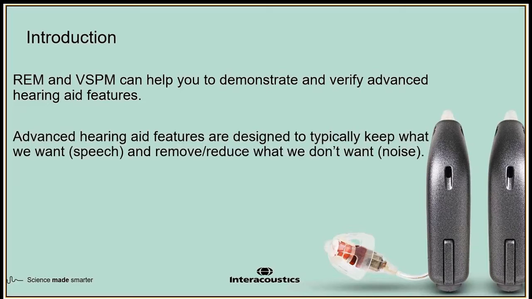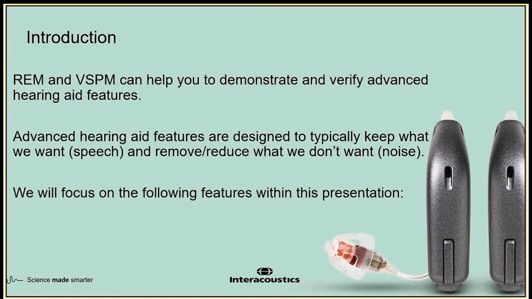And typically, advanced hearing aid features are designed to keep what we want, and in the form of human communication, that's speech or a target speaker, and remove or reduce what we don't want. And we call this noise, but actually it could also be speech, but it's the non-target speaker. It could also be a baby crying, or maybe traffic noise, or even just sounds like a fan or nature, interrupting or hindering what you want to hear as a target.